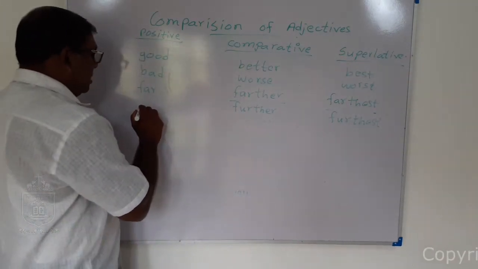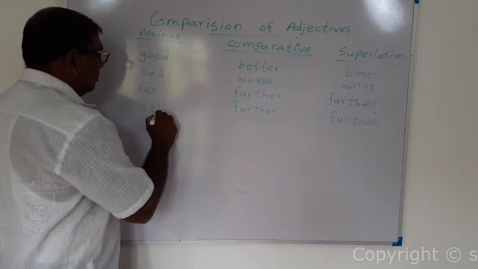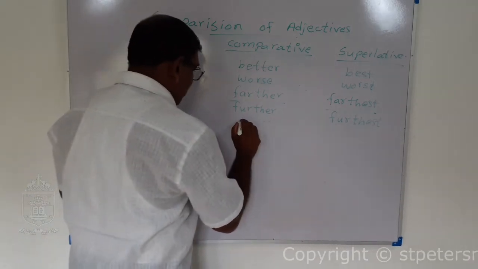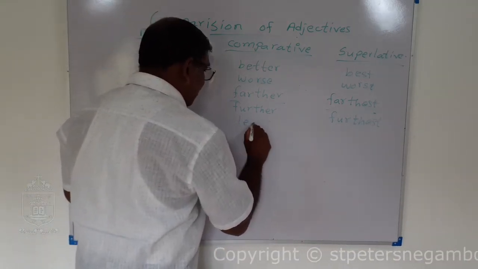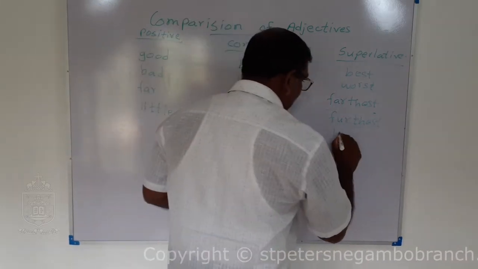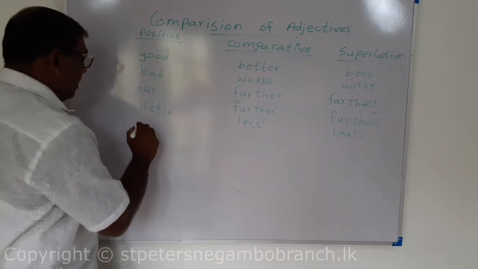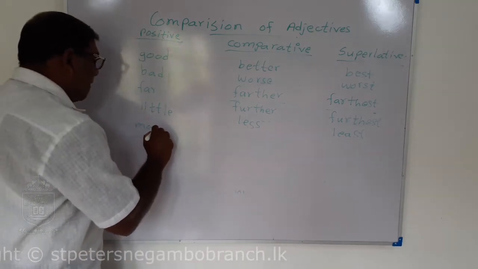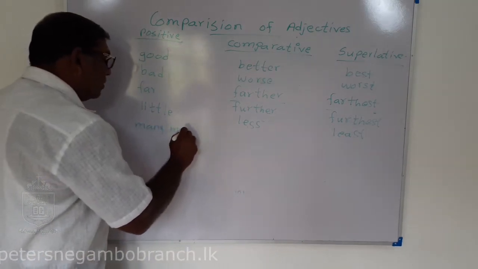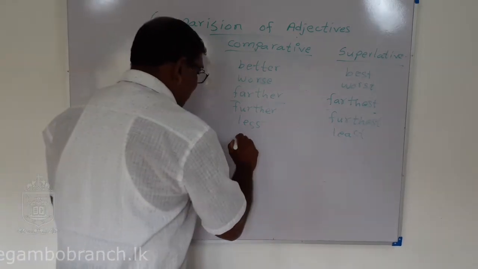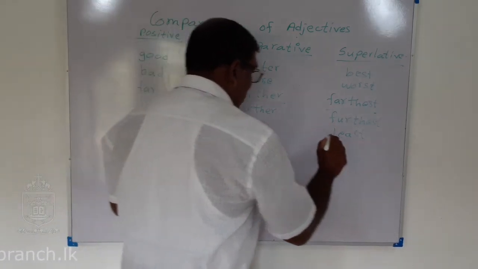If we take little, that one becomes less, superlative is least. We'll see another one. If we come across many or much, both become more, most.